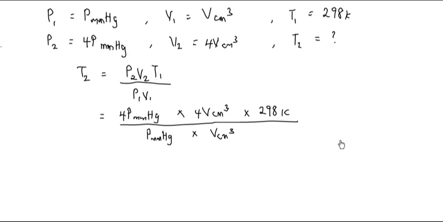So let's calculate this. Here we have 4 times 4 times 298, and that gives us 4968. So we have T2 to be 4968 Kelvin.